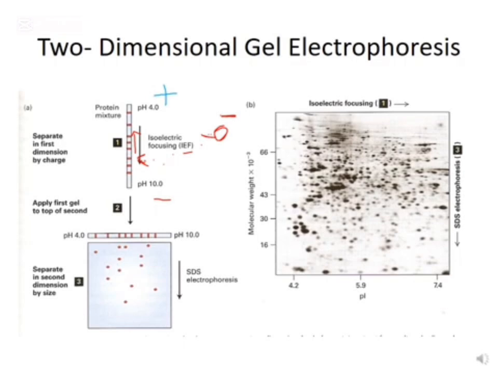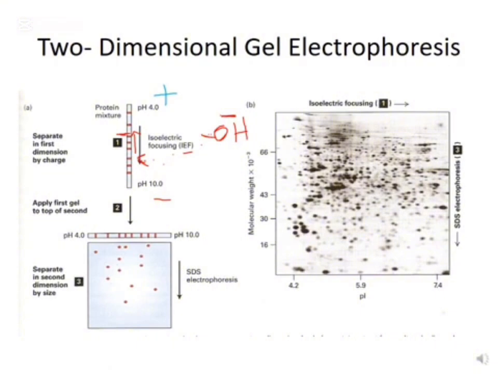As it moves towards the positive end, it's going to move into an increasing concentration of hydrogen ions. So the deprotonated parts are going to get protonated, and the protein's negative charge is going to become smaller and smaller until it reaches a point where it has no charge, it's neutral.